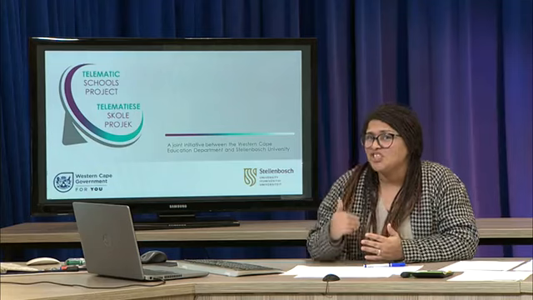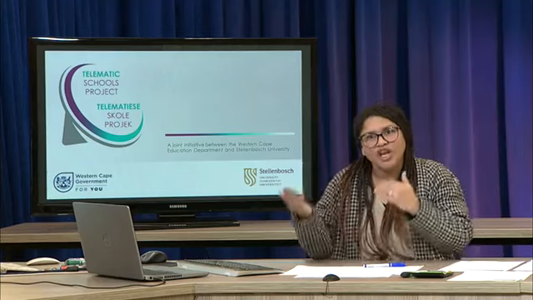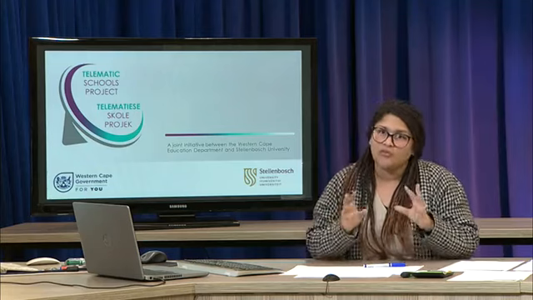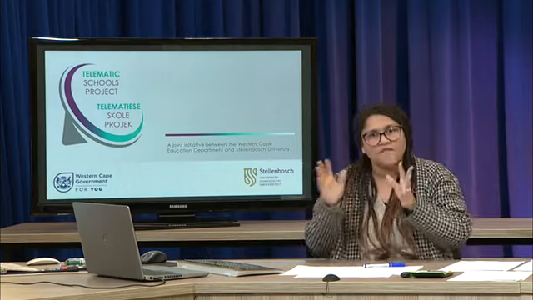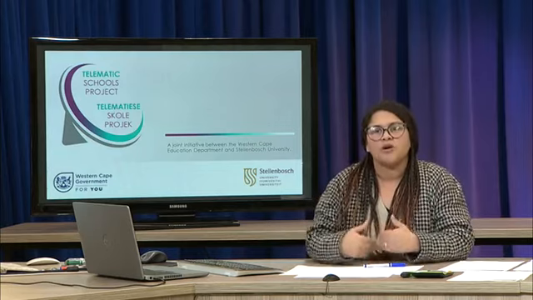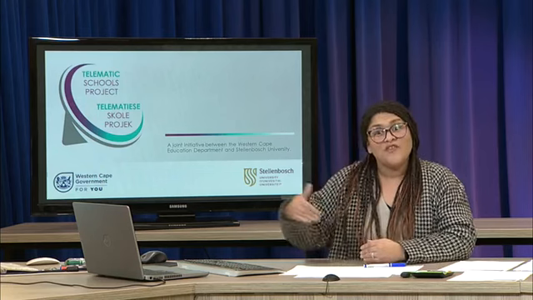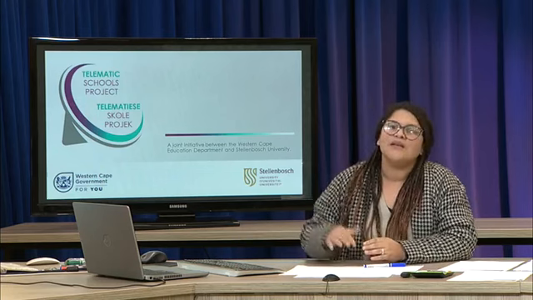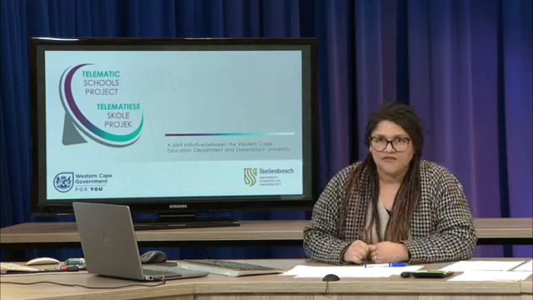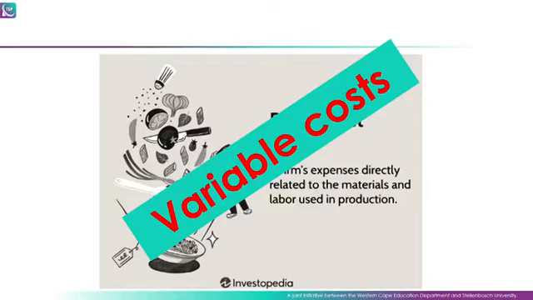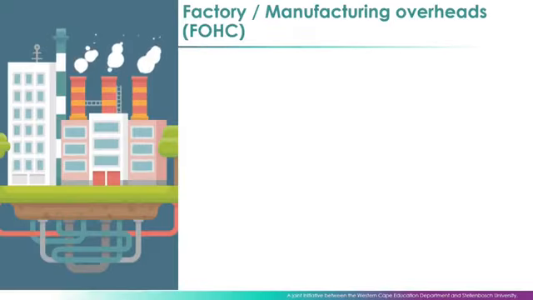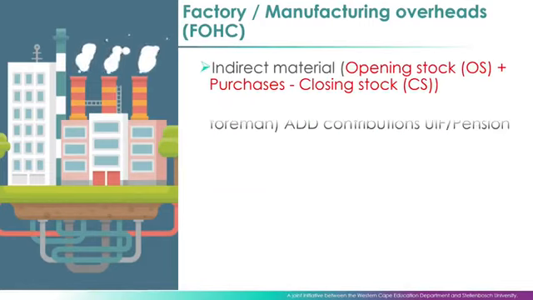Variable cost is essentially costs that will change according to the number of products you make. So if you make 5 products, your variable cost will be a certain amount. If you make 500 products, it will be a lot more than creating 5 products, right? So variable cost.